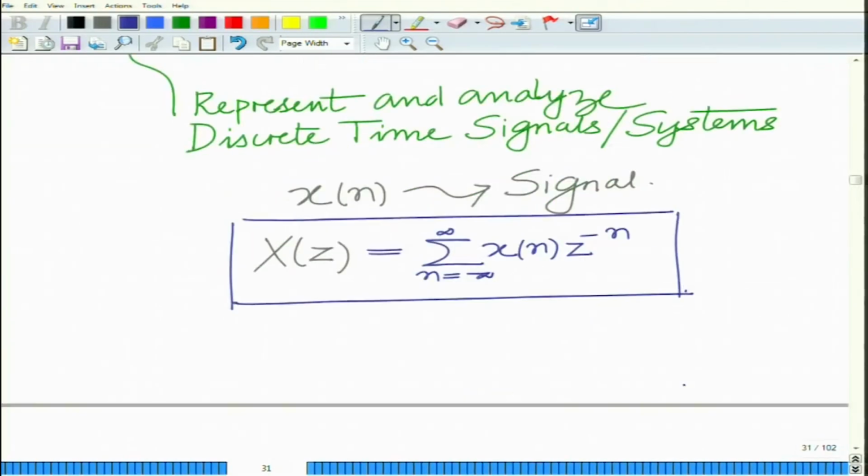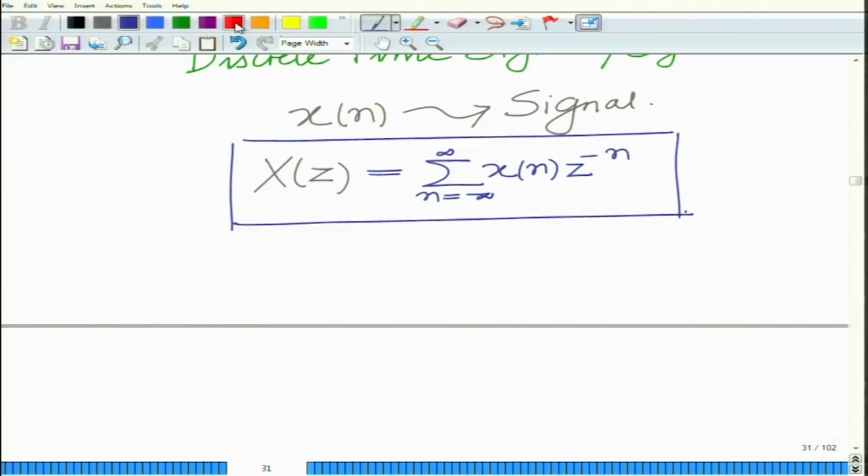This is the definition of the Z transform.